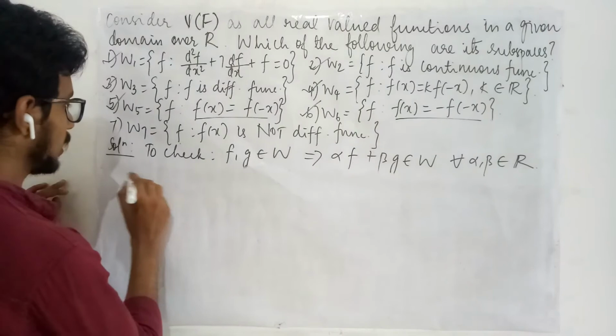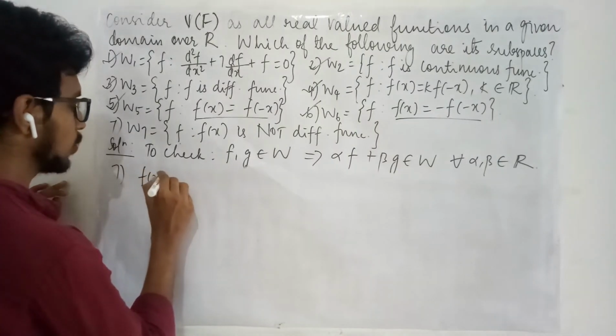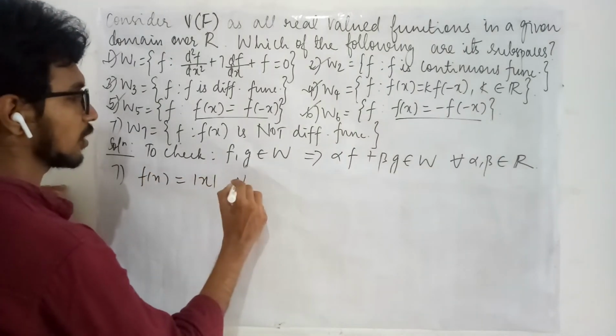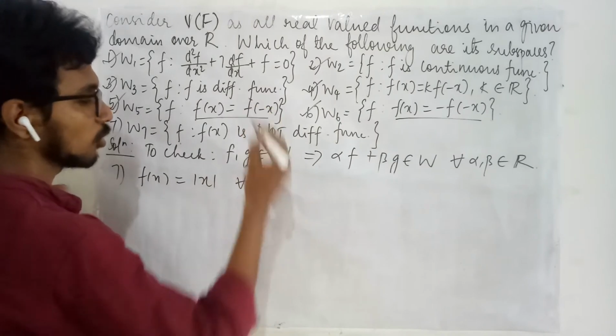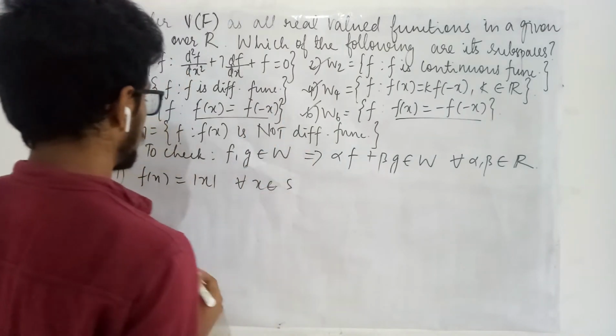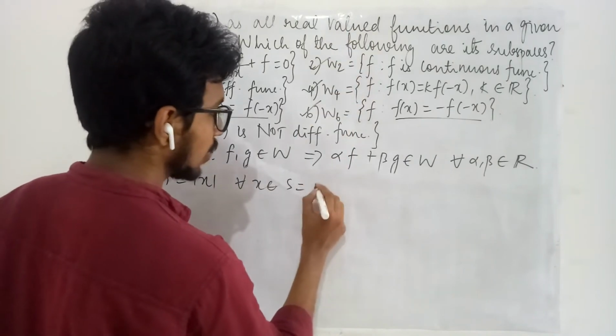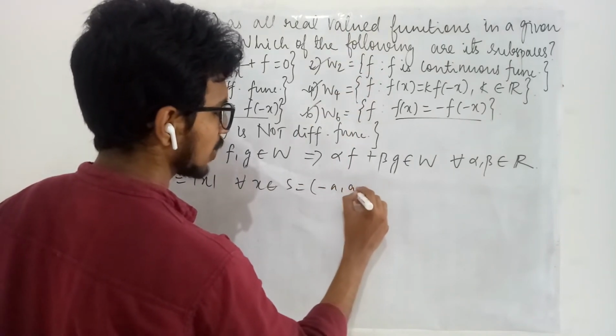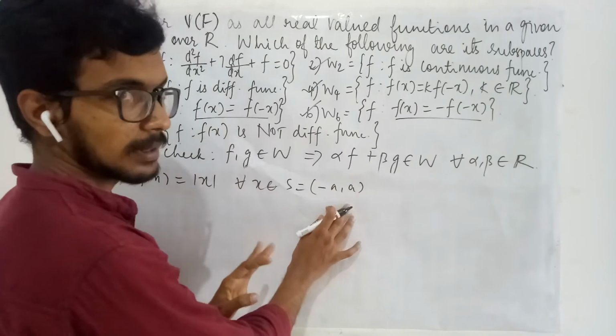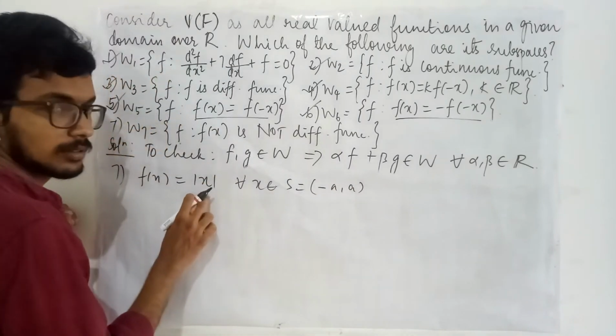Let me consider my f of x to be absolute of x for all x in the specified domain. It may be any domain. Let me take this to be minus a comma a. 0 has to be present in it so that it is not differentiable at 0.